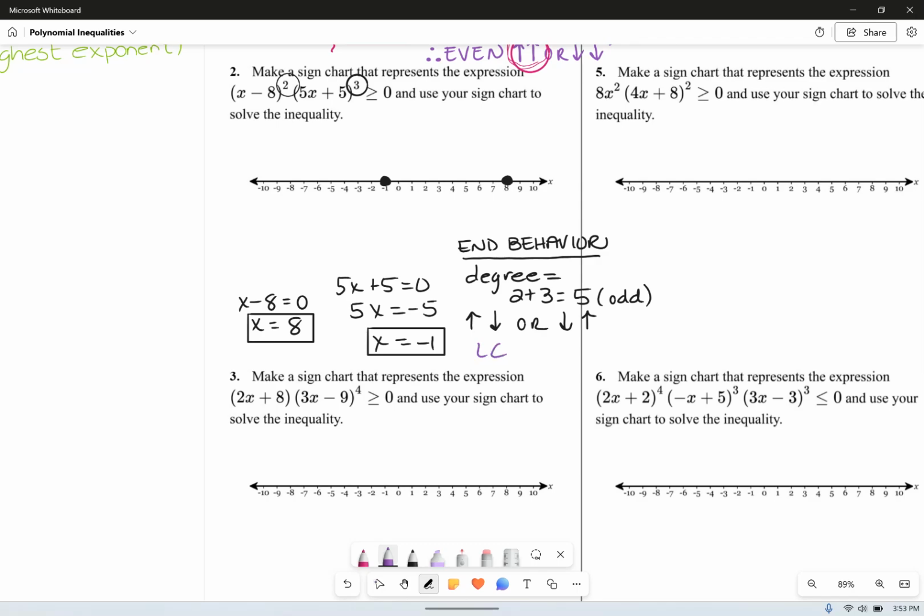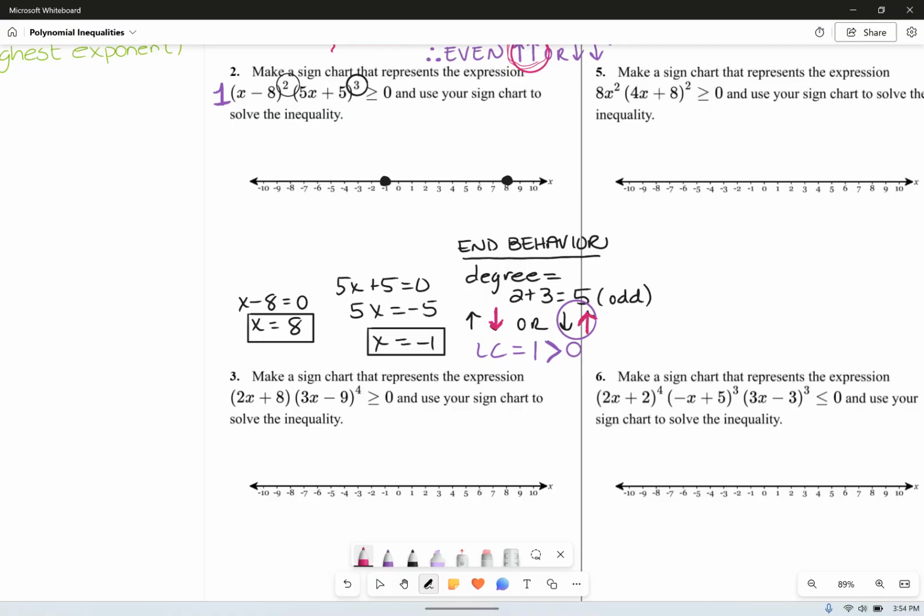That will help us determine these two. Well, the leading coefficient is here as an invisible 1, and the invisible 1 is definitely greater than 0. That implies it to be positive. So since it's positive, that means my right arrow in odd behavior is the one that I'm going to circle, because you need to focus on right arrow here. The right arrow on this odd points down. The right arrow on this odd points up. So this is the reason why we're choosing this one.